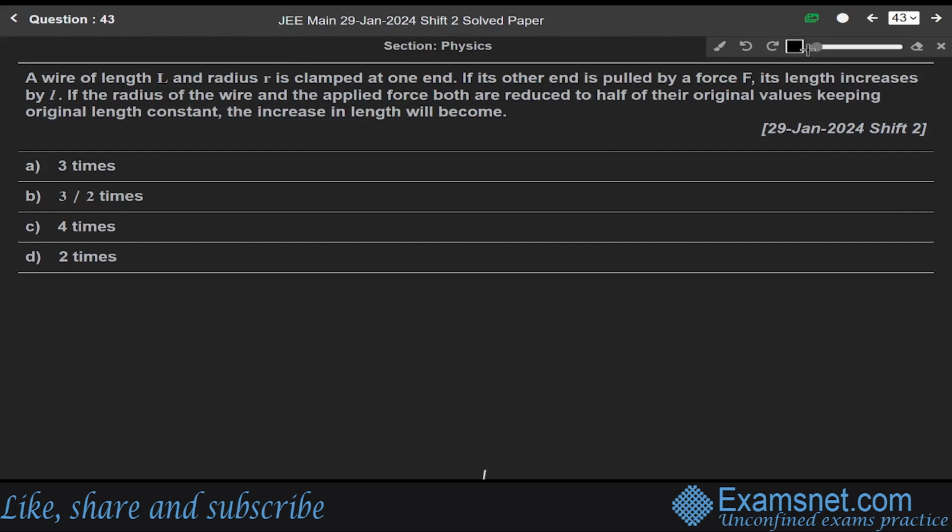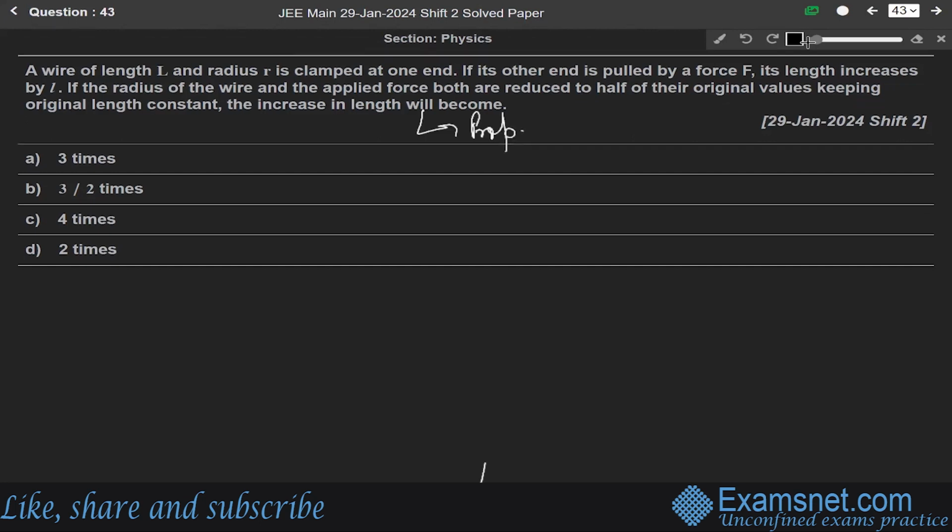So this question is from the chapter of properties of solids and liquids. According to this question, if the force and the radius both are reduced to half of their original values, then we have to find the increase in length.